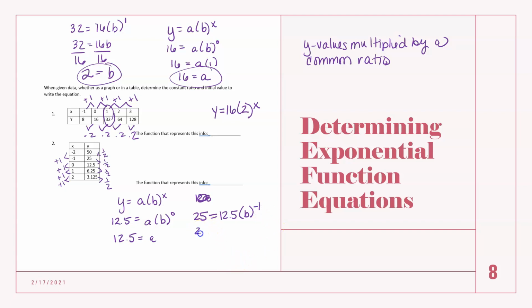So now I have 12 and a half times 1 over b. So I'm going to multiply each side by b to clear the b out of there. So I have 25b equals 12 and a half.